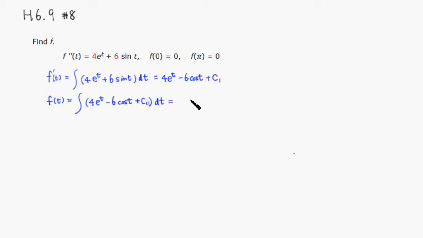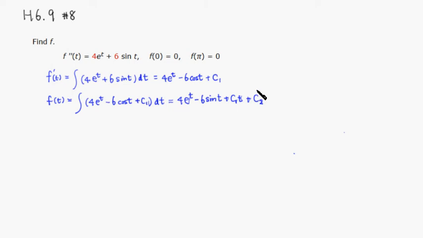The antiderivative of 4e to the t is still 4e to the t. Then the antiderivative of cosine is sine, so it's negative 6 sine of t. Then the antiderivative of c1 is c1 times t. Then you might have some constant, so I put c2.